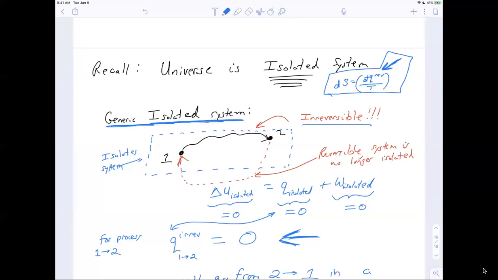That heat interaction is what allows you to have a thermostat. If you're in the lab and need to keep temperature constant, you will have to have some heat interaction between the system and whatever your thermostat is.